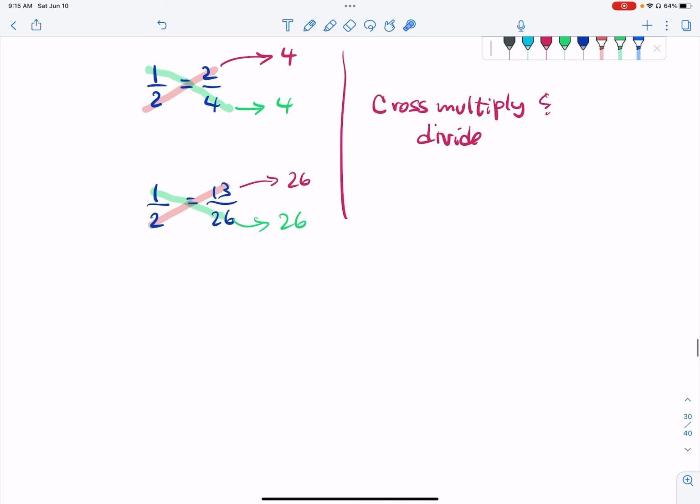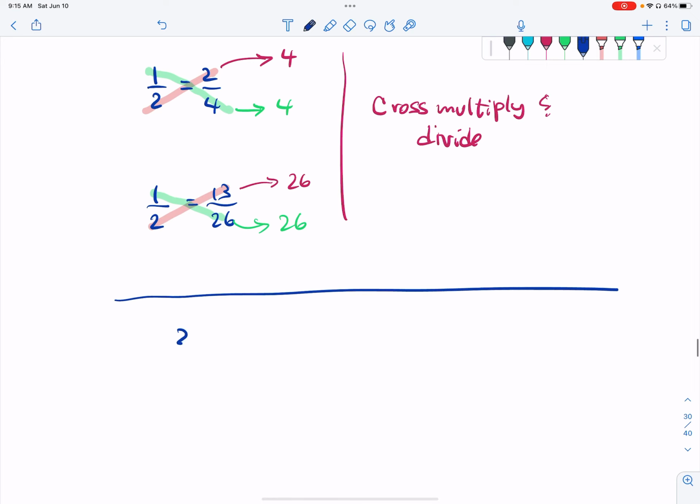So let me give you an example and explain why cross multiplying and dividing actually works. Let's say that I have 2/3 as a ratio, and then let's say that this thing is equal to, just going to make something up here, 14 up top and x on the bottom. Now whenever I go to do my cross products, what you have been taught is to cross multiply these two things. So 3 times 14, and then you would divide this by 2.